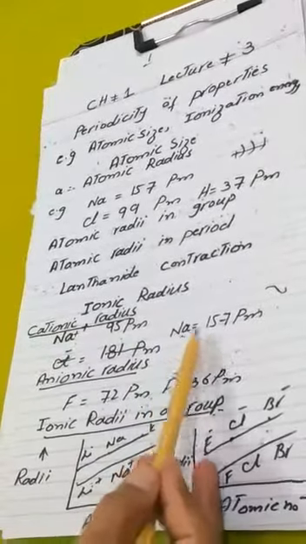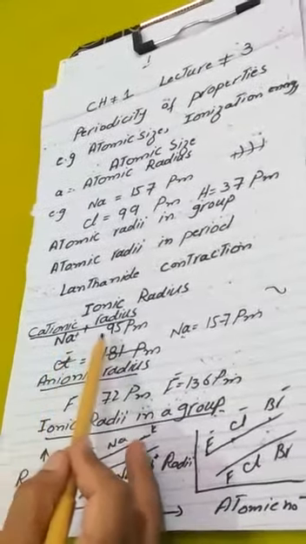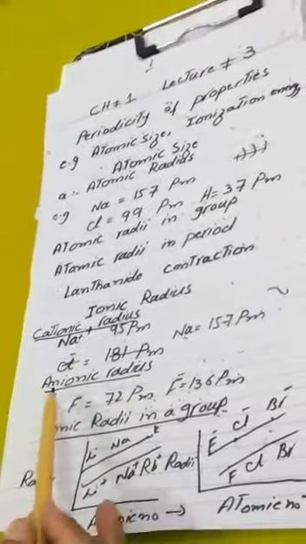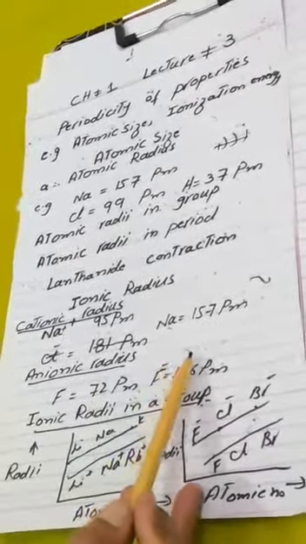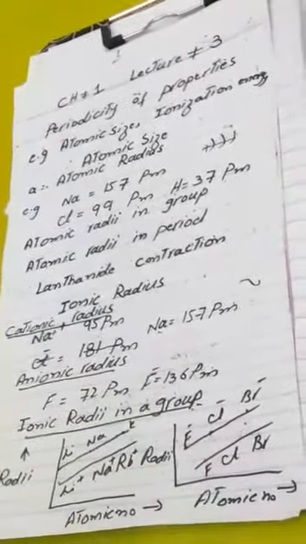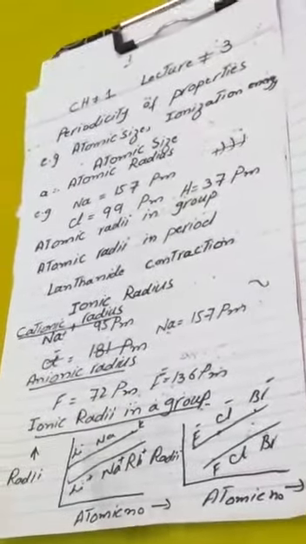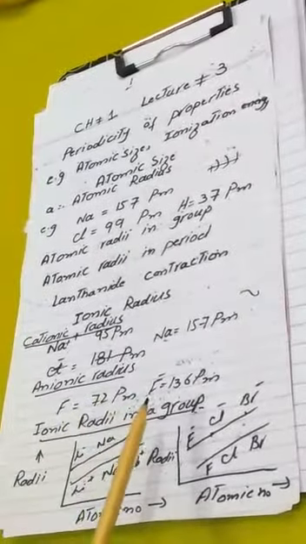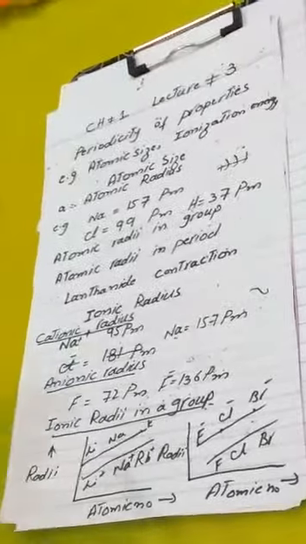Size of sodium is 157, but size of sodium ion is 95 picometer. Anionic radius: an anion is formed by the addition of electrons. As electrons are added, the size increases. That's why anionic radius is greater than its parent neutral atom.